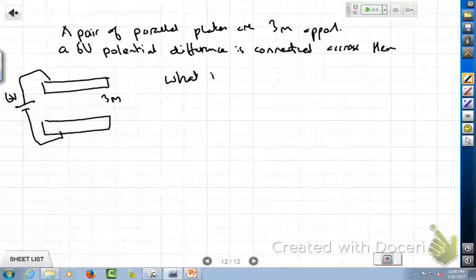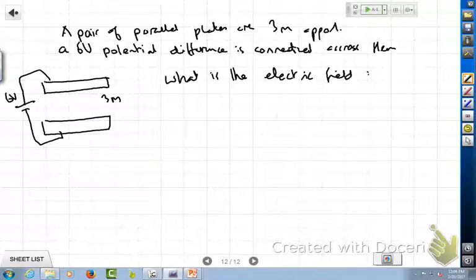What is the electric field in the gap? I've got a metal plate, I connect a 6-volt battery across them, 3 meters between them. What's the electric field?